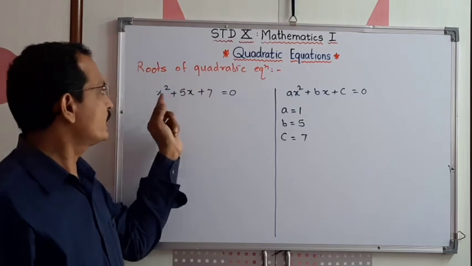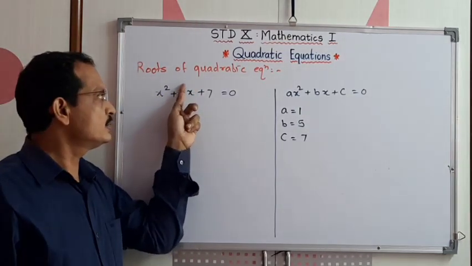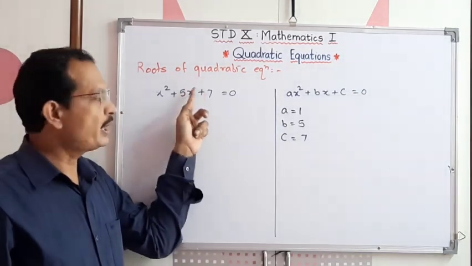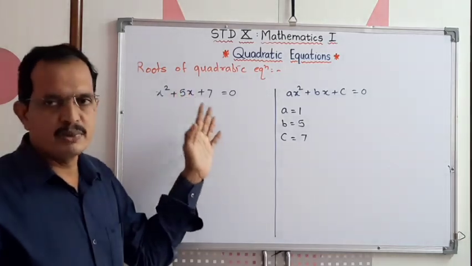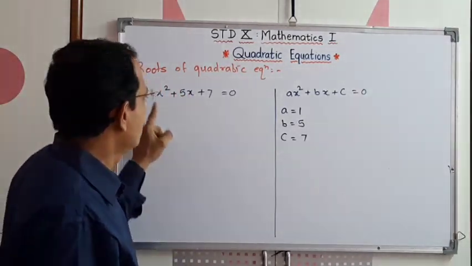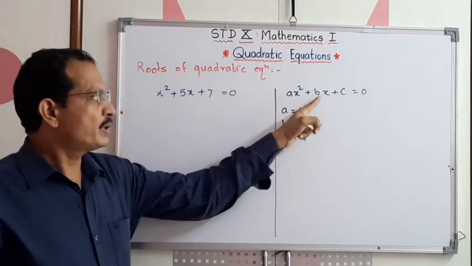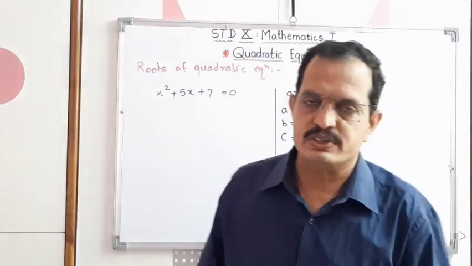Now in a quadratic equation, this is called the quadratic term, this is called the second term or the middle term, and this is the constant. This middle term or constant may be 0, but the quadratic term can never be 0. Therefore, ax square plus bx plus c is equal to 0 is the standard form of a quadratic equation.